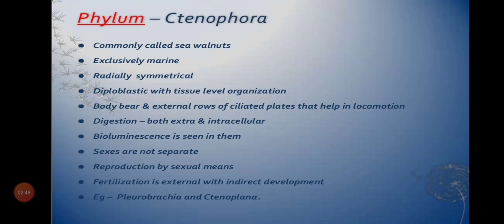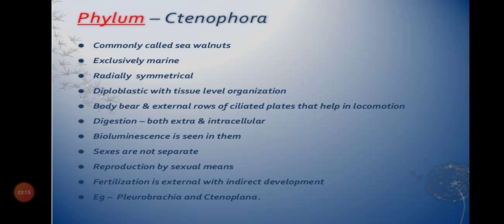And Phylum Ctenophora. Here the groups are exclusively marine with radial symmetry. Remember the CCE pattern: Coelenterata, Ctenophora and Echinodermata. These three groups are radially symmetrical, diploblastic with tissue level organization, and the characteristic is bioluminescence.